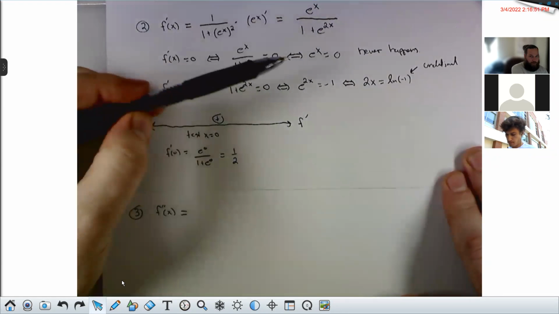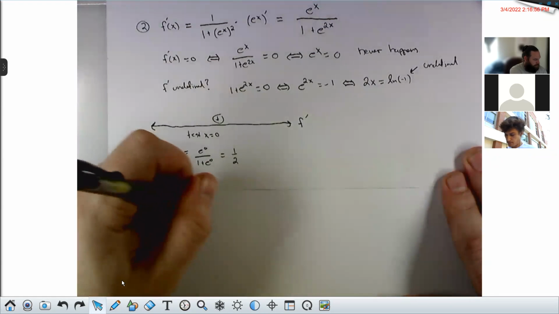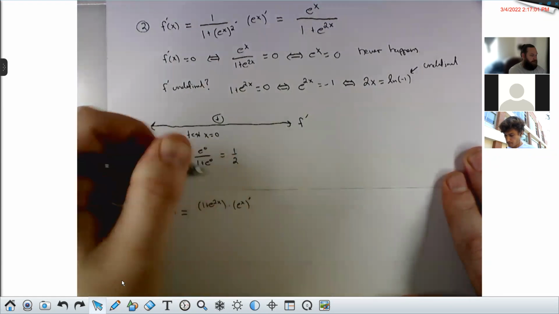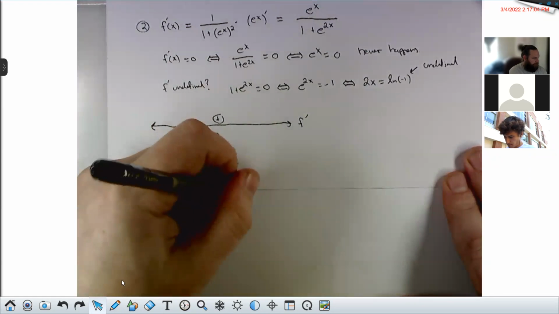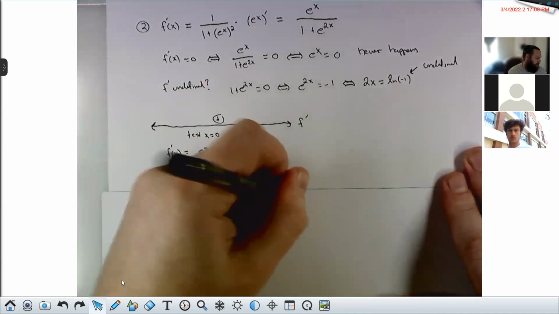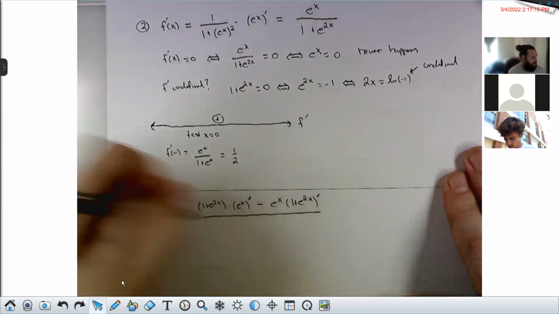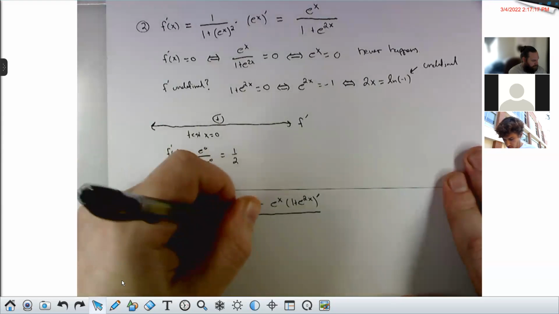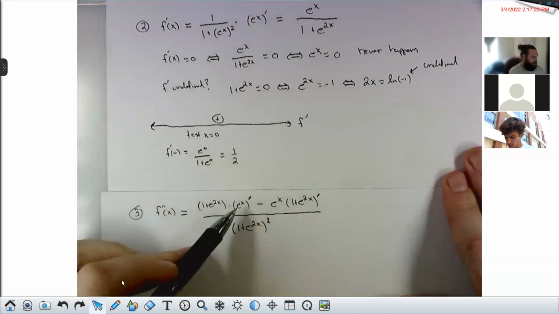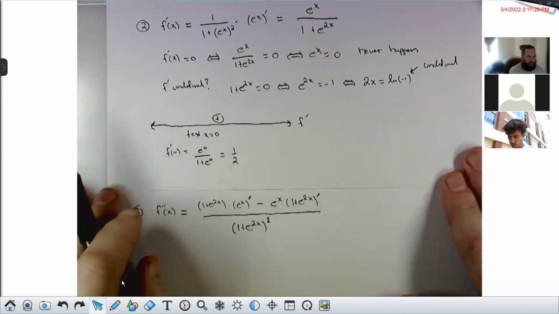That's the bottom times the derivative of the top minus the top times the derivative of the bottom. So I'll write this out: 1 plus e to the 2x times the derivative of the top, e to the x primed, minus the top, which is e to the x times the derivative of the bottom. So that's 1 plus e to the 2x primed. And we have to divide this whole thing by 1 plus e to the 2x all squared. Low d high minus high d low over low low.